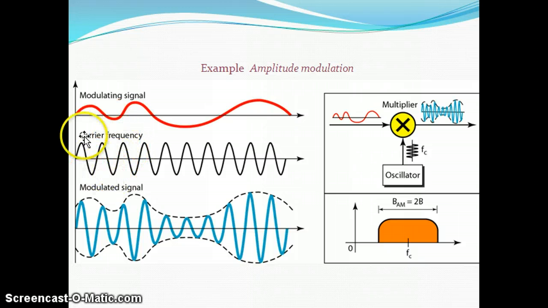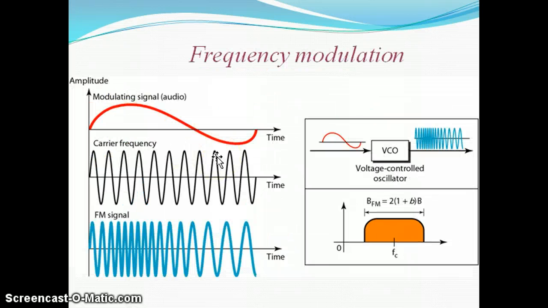When you impress the carrier frequency with respect to your modulating signal, you get the modulated signal. That is explained here. So the message signal and the carrier signal are combined to produce the modulated wave. That is called amplitude modulation. That means if you are varying the carrier amplitude with respect to the message amplitude, that is called amplitude modulation.